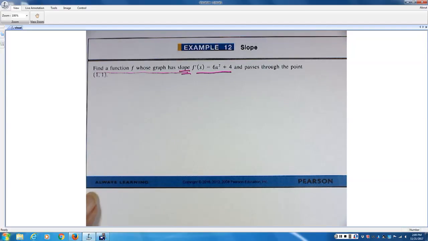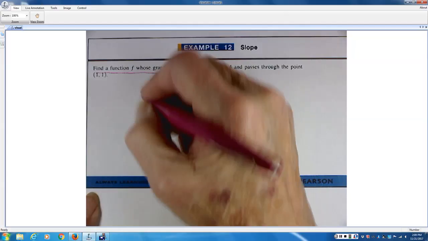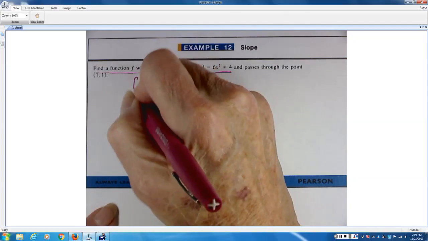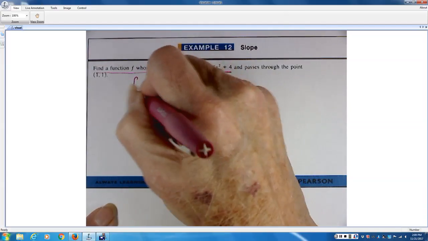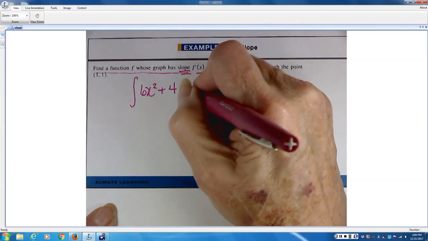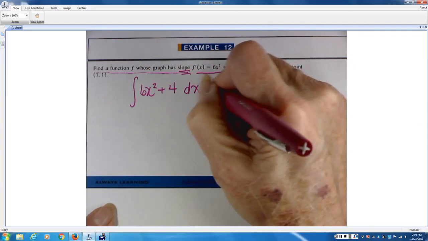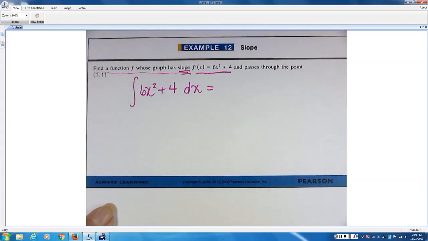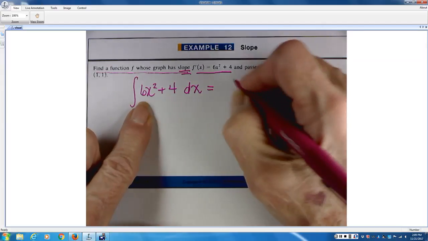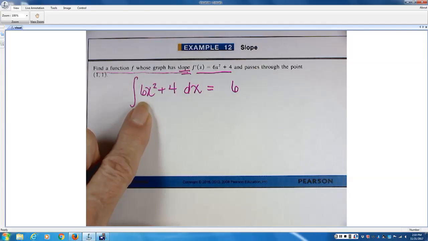Slope is simply the derivative. So if the derivative is 6x squared plus 4, if we take the integral of 6x squared plus 4 dx, we should have at least part of that function. So the integral of 6x squared: keep the 6 out front, add 1 to your power.